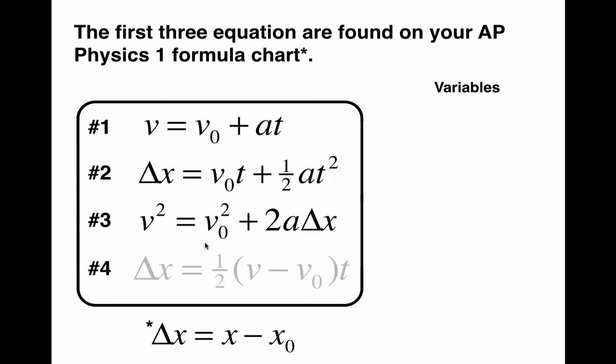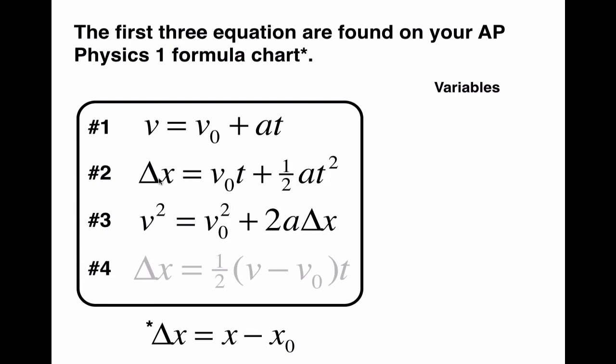And the fourth equation is not provided for us, but again, we can easily calculate it. And actually, if we want to put the work in, if we don't remember this equation, we don't have it memorized, we can easily use the combination of the first three to figure out how to solve a problem without equation number 4.